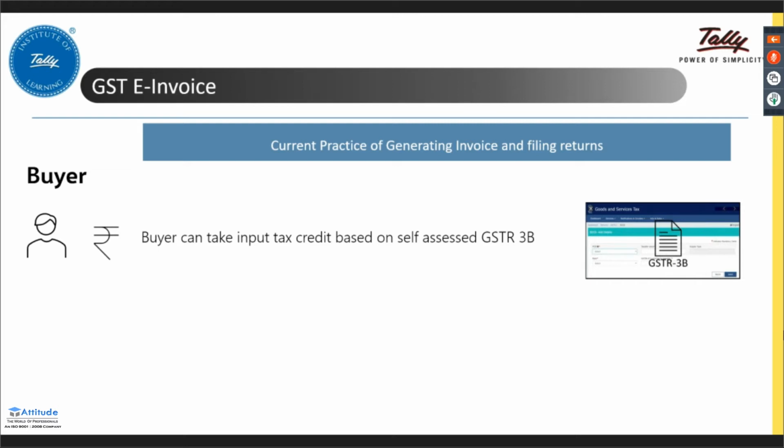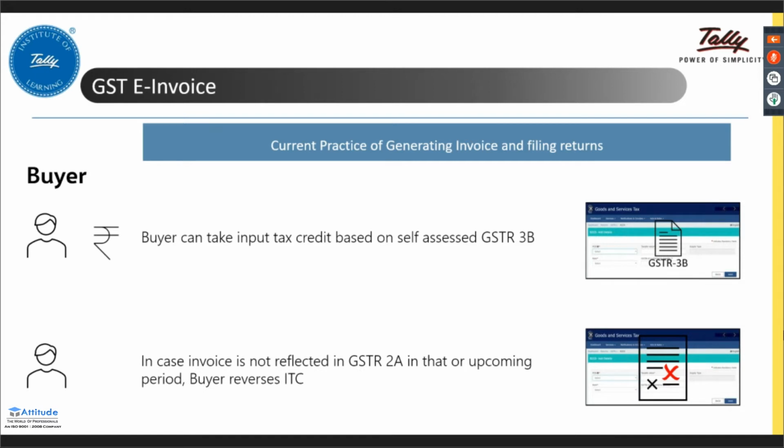And after claiming the input tax credit, if the invoice is not reflected in GSTR 2A or the upcoming period, the buyer has to reverse the ITC. So this is the complete flow from generating the invoice till filing the returns under the current practice.